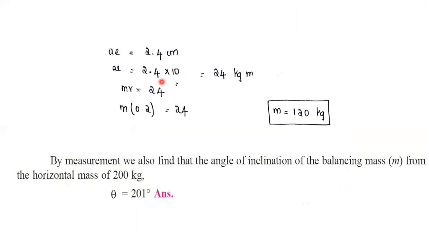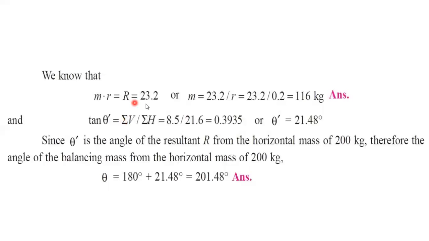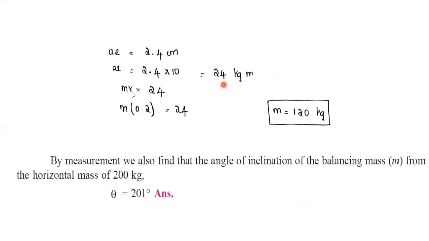So AE is equal to 24 kg meter. AE is nothing but m into r, the resultant. So m into r is 24, and the r value we know is 0.2. So 24 divided by 0.2 gives the mass as 120 kg.